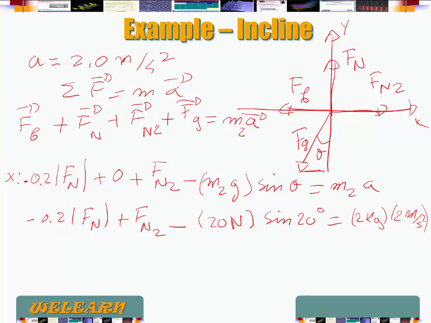So you notice here we have two unknowns, Fn and Fn2. So we need to write the equation along the y.